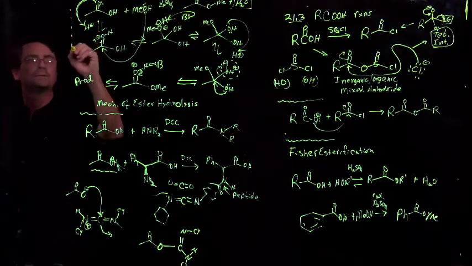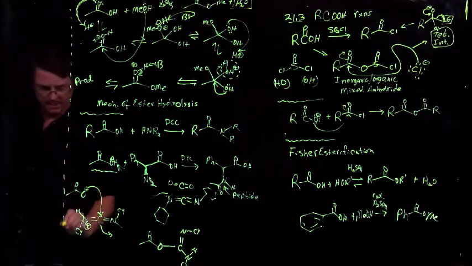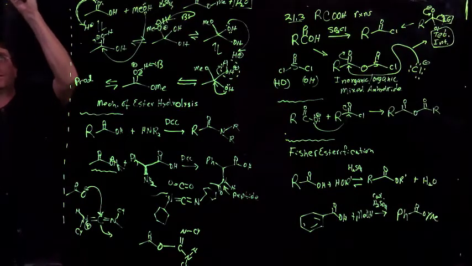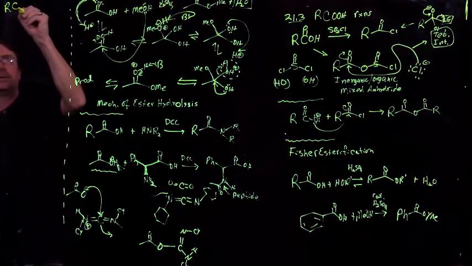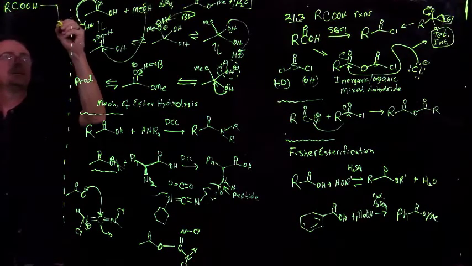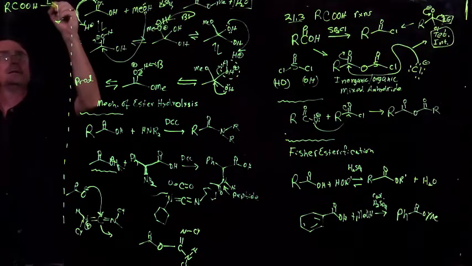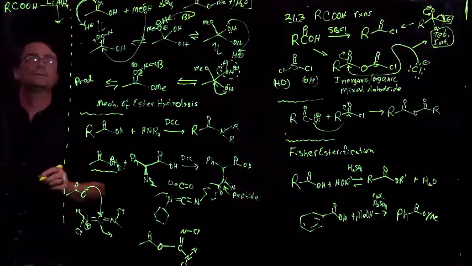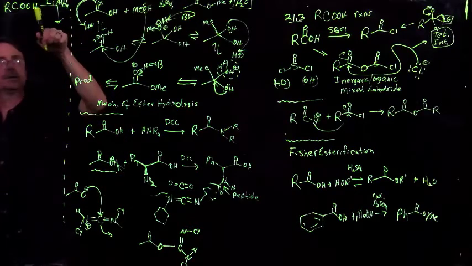Okay, one last and final reaction here. I think I'll just sneak it up on this little bit of space that I have left. We can take carboxylic acids. If we treat them with lithium aluminum hydride, it's a strong reducing agent. Now you have to be careful. This is an acid.